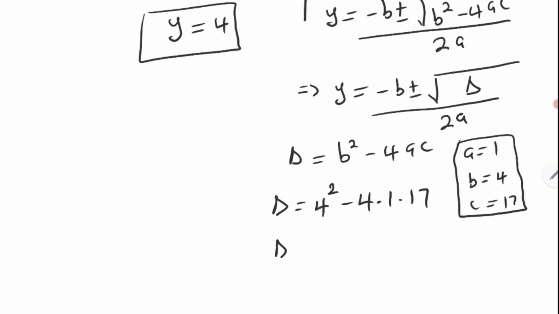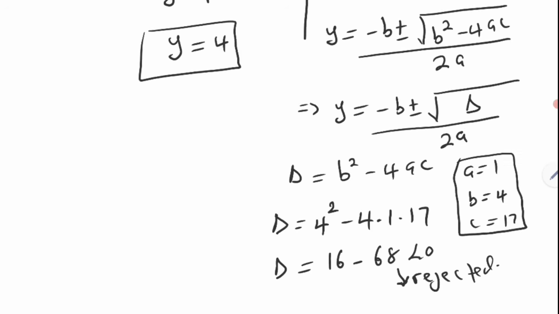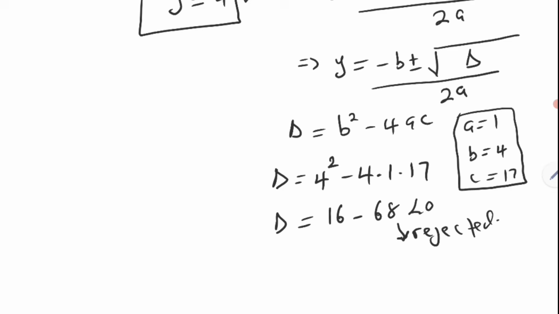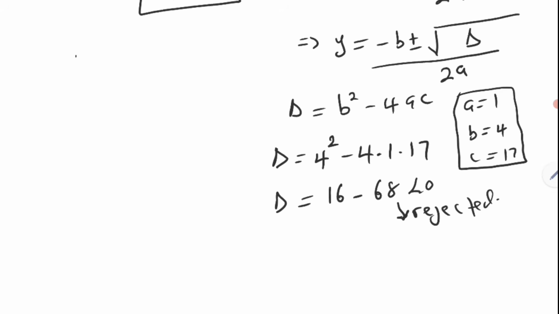Then d is equal to 4 square, that is 16, minus 4 times 1 times 17, that is 68. And of course, 16 minus 68 is less than 0. So this is rejected. The only real solution we have is y is equal to 4. Therefore, y equal to 4 is the real solution we have.